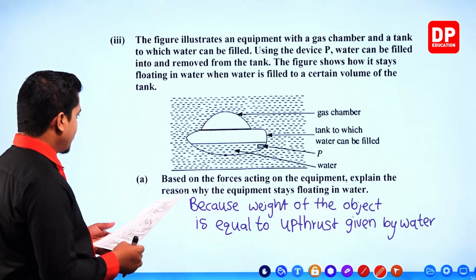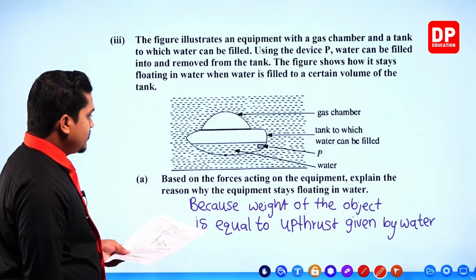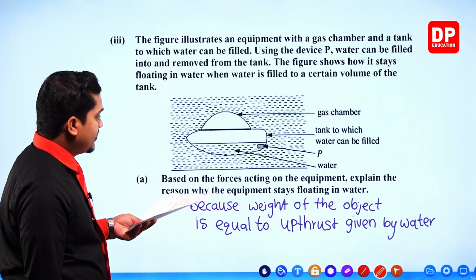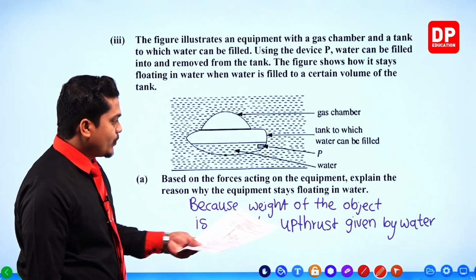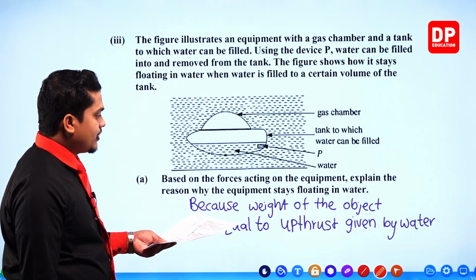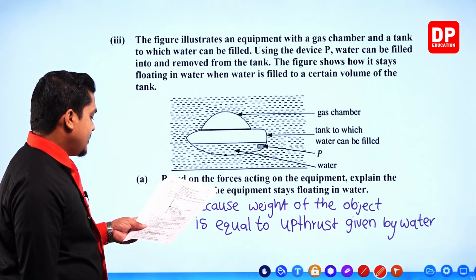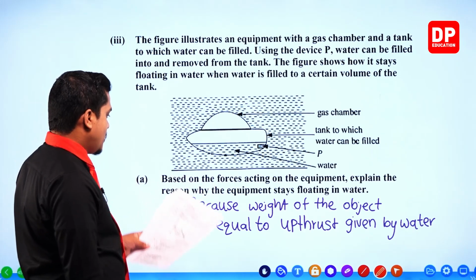Next one. For writing down the definition, because the weight of the object is equal to the upthrust, for this definition, they have given 2 marks.